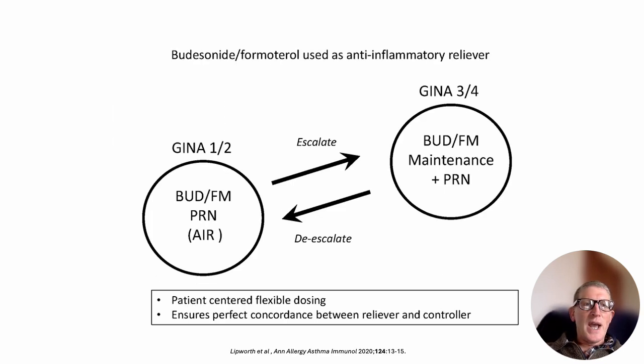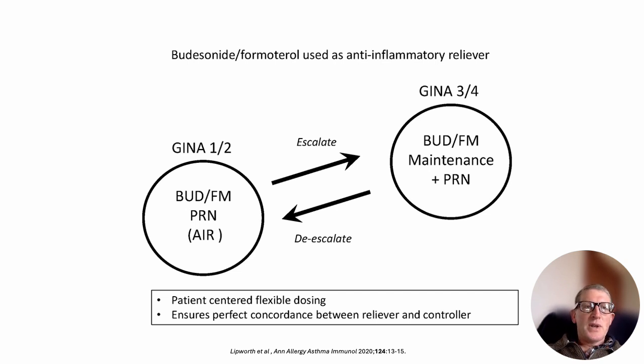So what I'm trying to say here is that it's actually much simpler to think of a continuum between mild asthma, GINA steps 1 and 2, and moderate asthma, GINA steps 3 and 4, using the one inhaler.